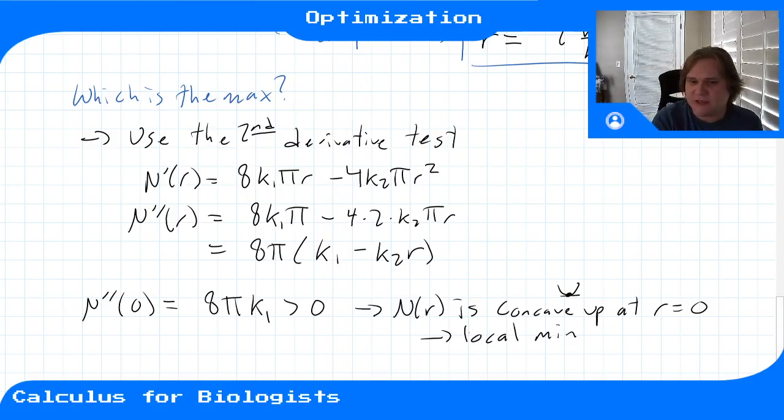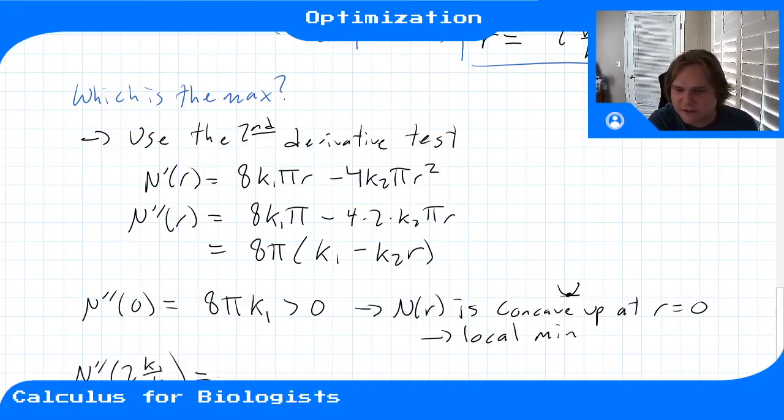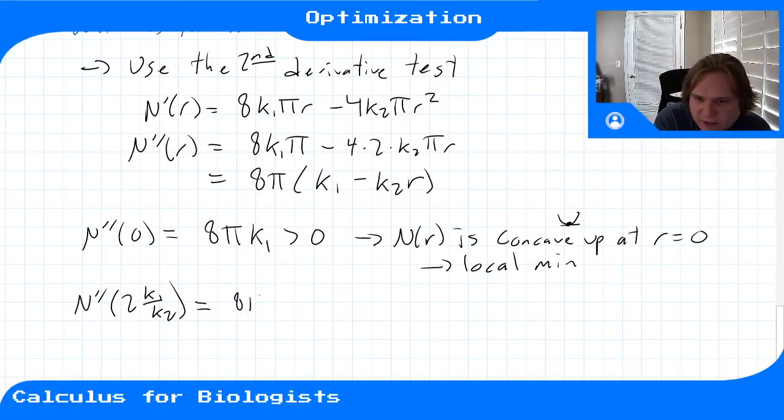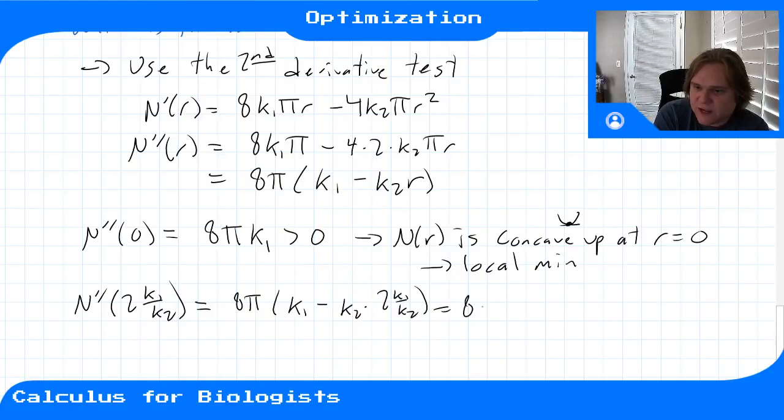Let's check the derivative at our second point. So 2k1 over k2 is our second critical point. So at n double prime of 2k1 over k2, we get 8 pi times k1 minus k2 times 2k1 over k2. We're left with 8 pi times k1, the k2's cancel, so we get minus 2k1.